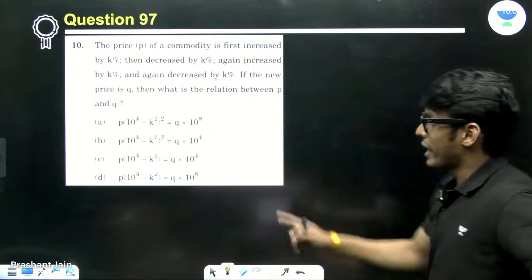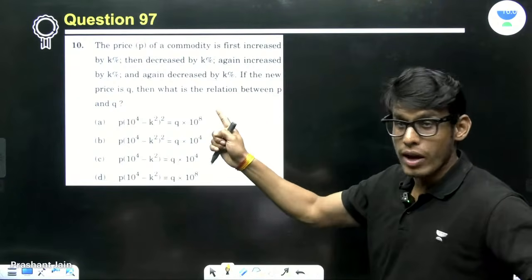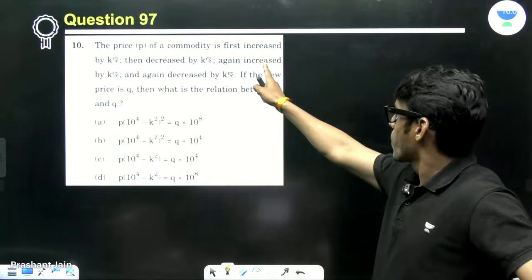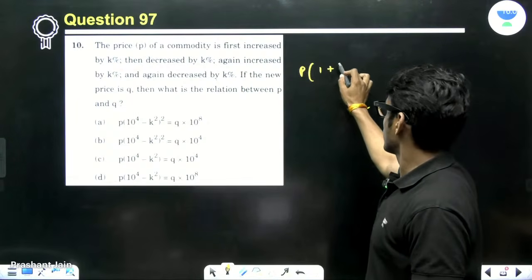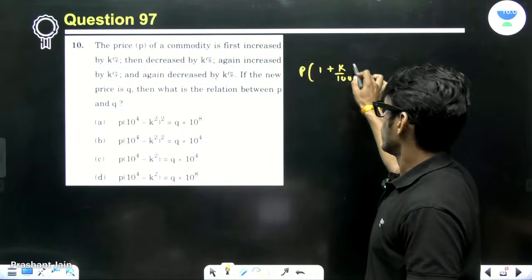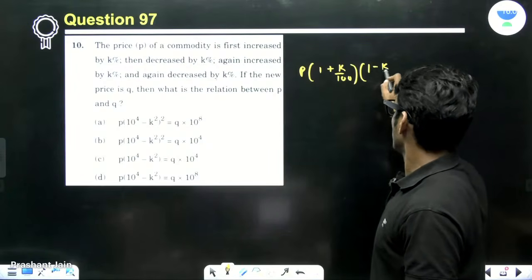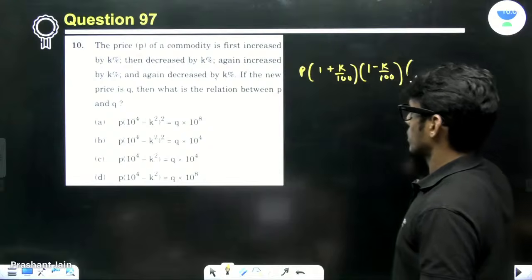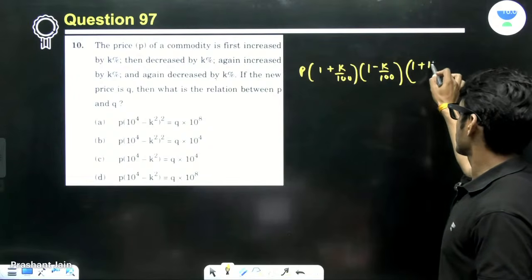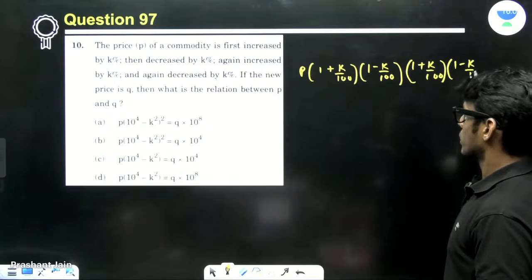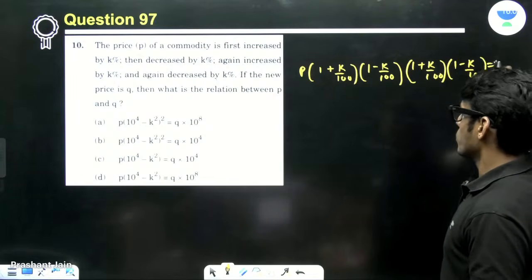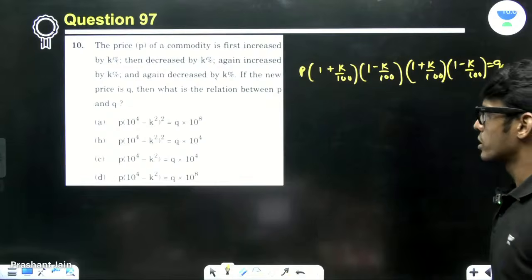Now, like I said, percentage problems we always have to do. Price P of a commodity first increased by k%, then decreased by k%, and it's a repeated concept, right? Increased by this, again decreased by this. If the new price is Q, what is the relation between these?